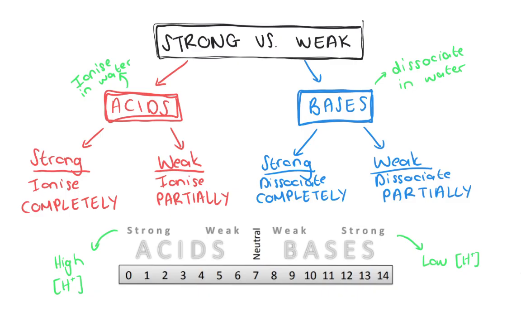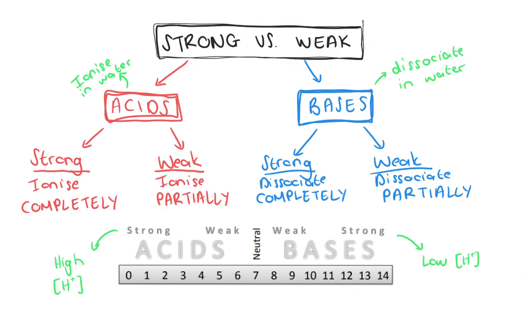So your strong acids have a very, very small pH, where your weak acids have a bit higher, but not very high. Remember, the scale is from 0 to 14. 6, 7, 8, that's normally my neutral, and then higher than that it becomes my weak base, and then the larger the value is, the stronger the base will be.